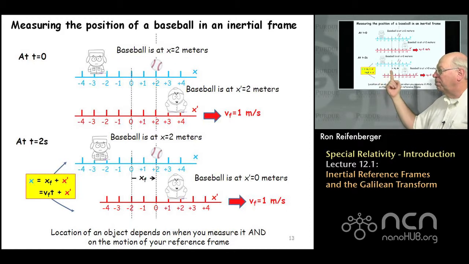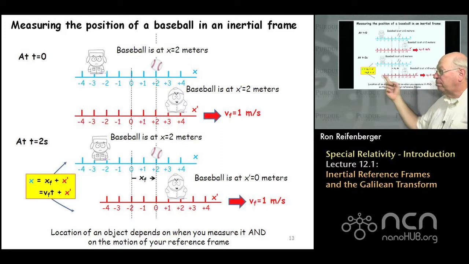And this displacement between the two reference frames, x sub f, is just given by the velocity of the moving reference frame times the time interval t, which is synchronized with this occurrence when the two reference frames happen to be located one on top of the other. So this time interval t is really a time after the two reference frames are synchronized, right?